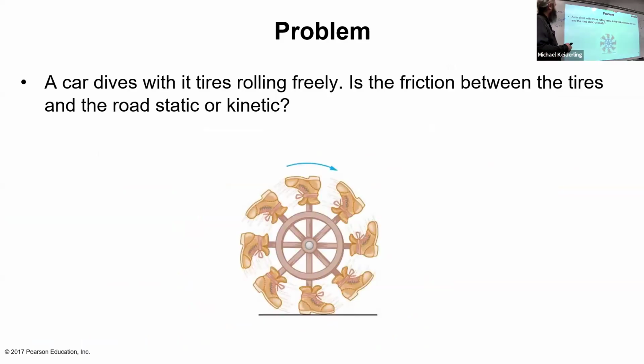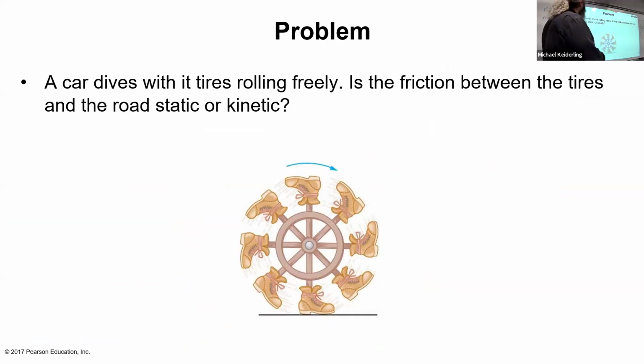So here we have a car driving with its tires rolling freely. They're just going along. Nothing weird is happening. You're driving like you normally would. Is the friction between the tires and the road static friction or kinetic friction?